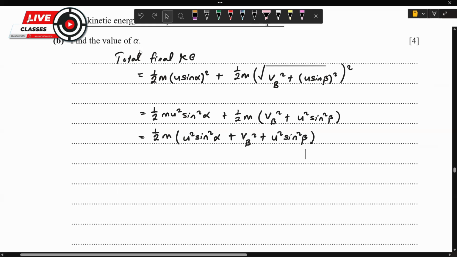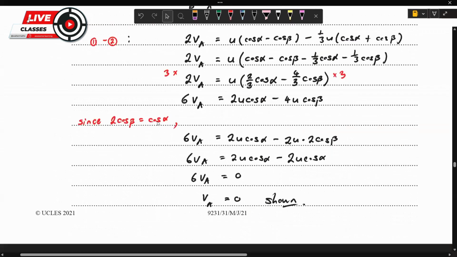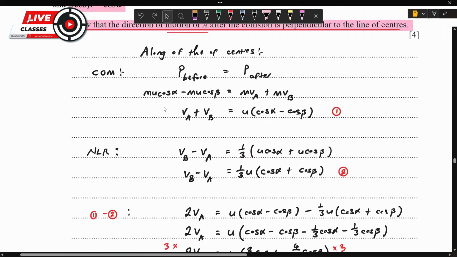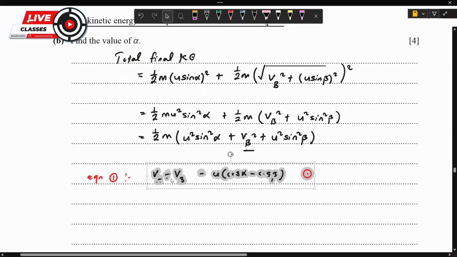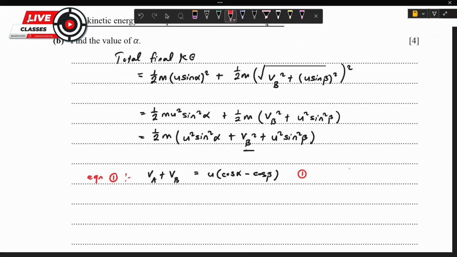Now for VB, if we go back to any one of the equations, let's take, for example, equation 1. All right. So we want VB. So taking from equation 1, we have this equation. But remember, we proved that VA is 0. So therefore, VB is equal to U of cos alpha minus cos beta.